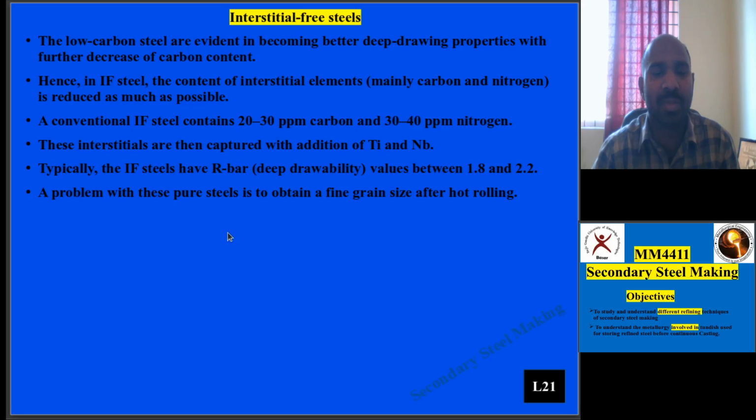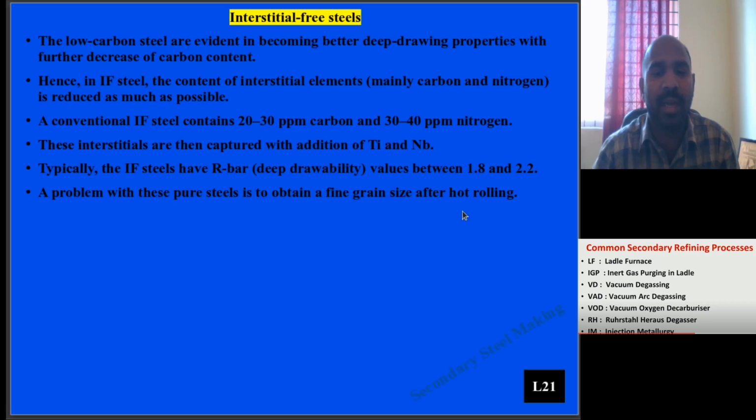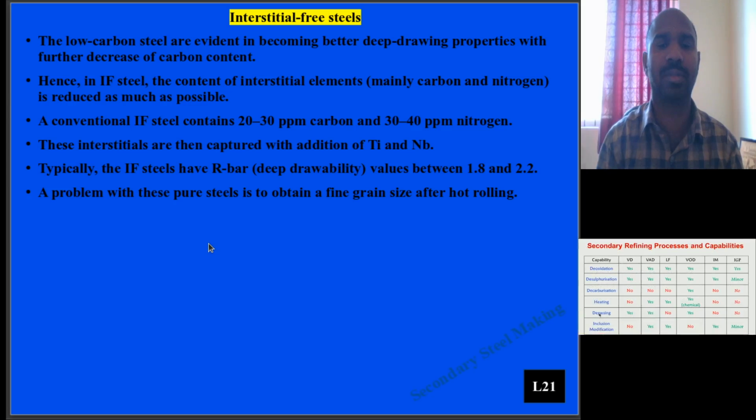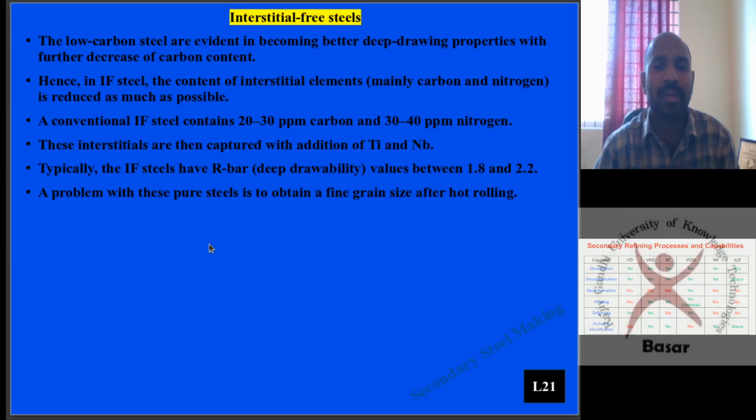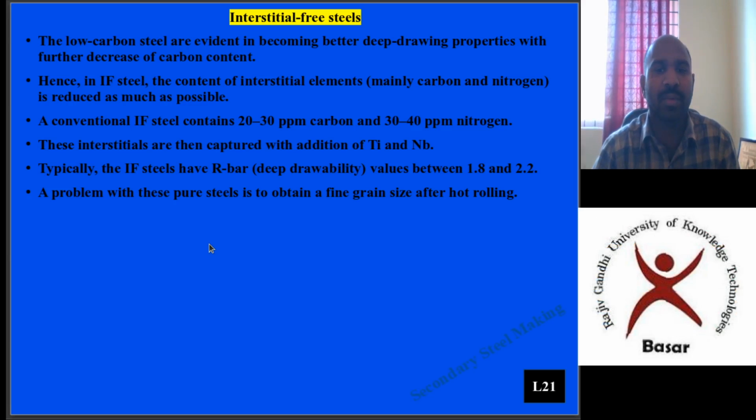This low percent pure steel has the problem of achieving a fine grain size after hot rolling while cooling. There should be at least some precipitate so that it hinders further grain growth and stabilizes the equilibrium grain size, so that the strength goes high.